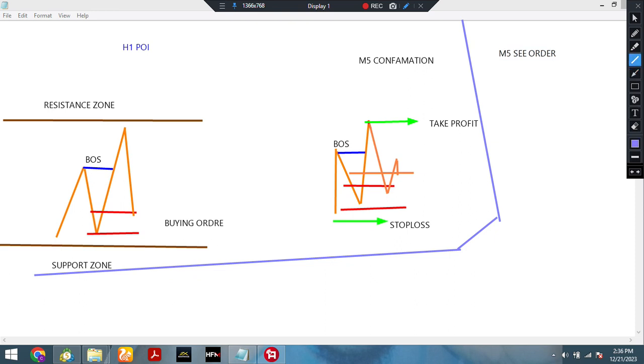Now it will now be like this. You see price, this is what is happening on H1, right? So see what the price will be doing here now. For those of you who want to take the opportunity for sell, so you see price come like this.